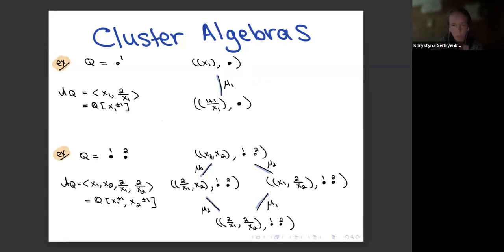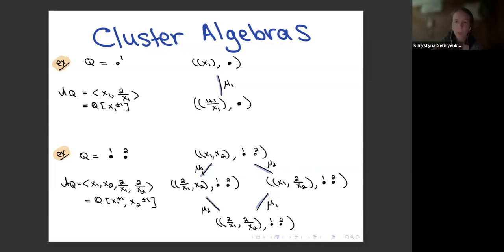And if I mutate at vertex 1, it's really the same as mutating the previous one at vertex 1. My new variable would be 2 over x1. x2 remains the same. If I mutate at 2, I get 2 over x1 and 2 over x2. But then it's the same thing as starting with the initial seed and doing first 2 and then 1. So this is my exchange graph. So my exchange graph is this, I don't know, square or diamond, okay?